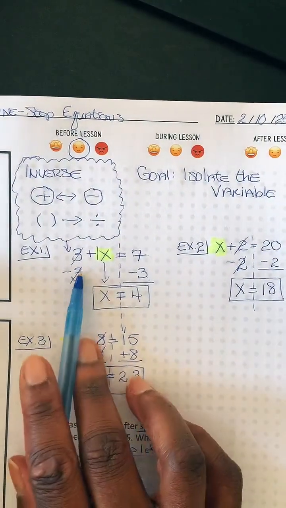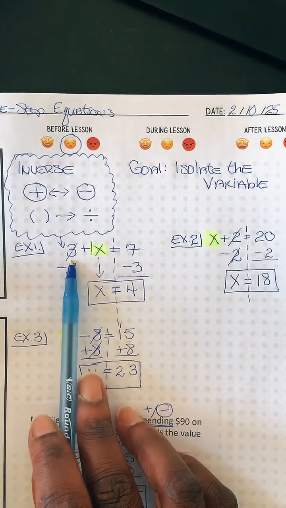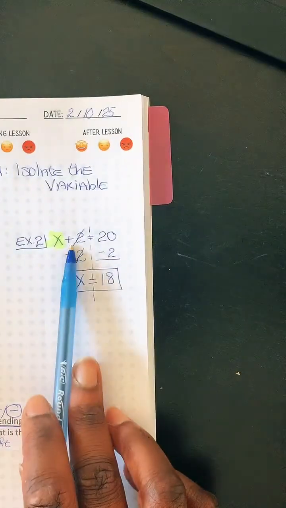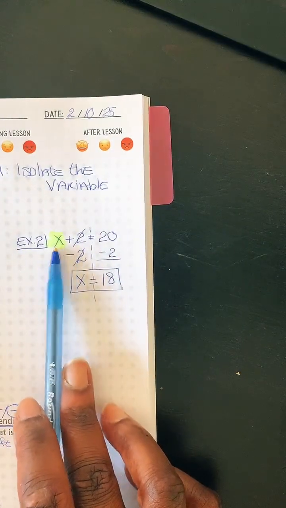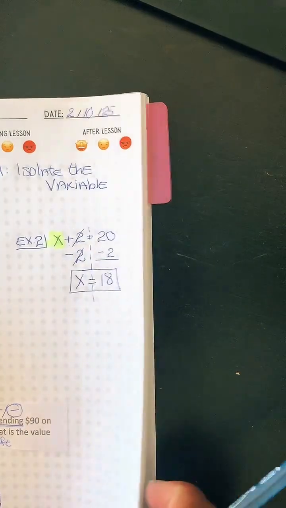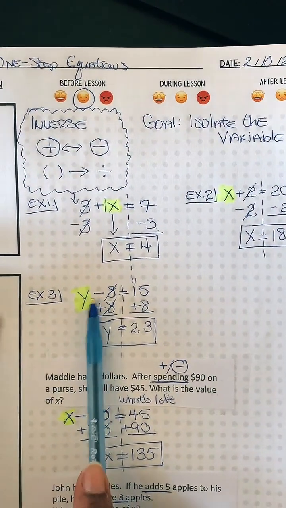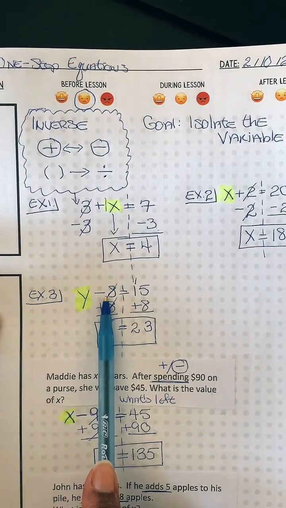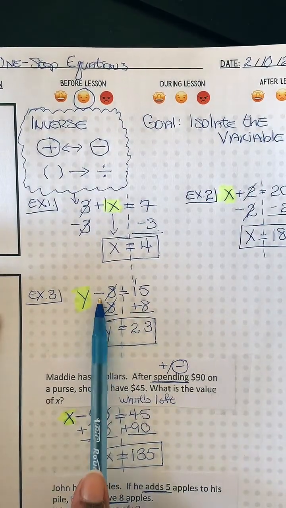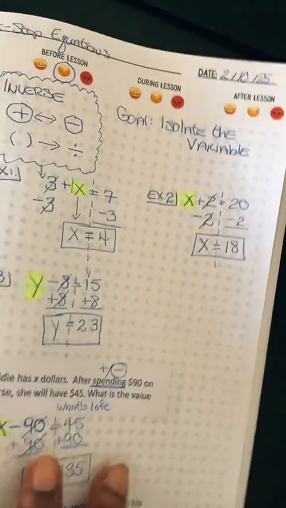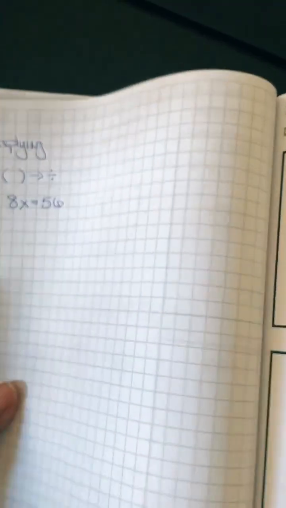Because as you can see with the stuff that we did earlier, we had a plus sign in between the 3 and the x. We had a plus sign in between the x and the 2. And we had a minus sign in between the y and the 8. Okay? So if we don't see a plus or a minus sign in between, that means we are multiplying.